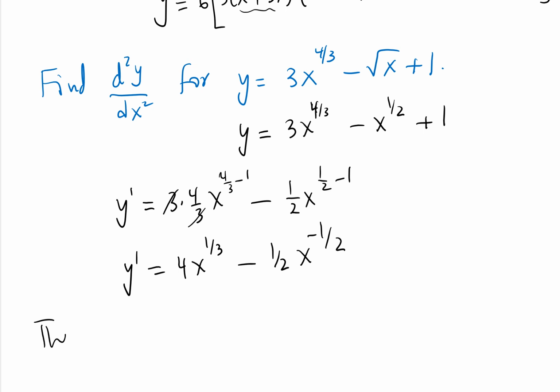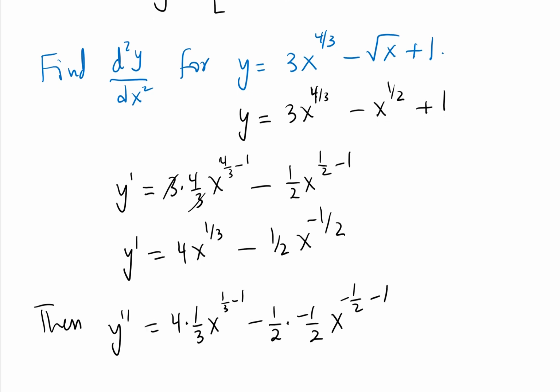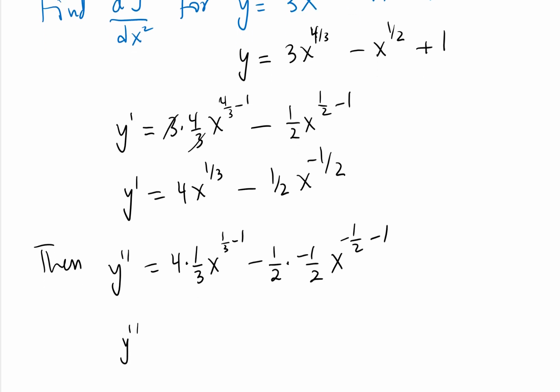Then y double prime: bring the 1/3 down, subtract 1, bring the negative 1/2 down, subtract 1. So y double prime is 4/3 x to the negative 2/3 plus 1/4 x to the negative 3/2.